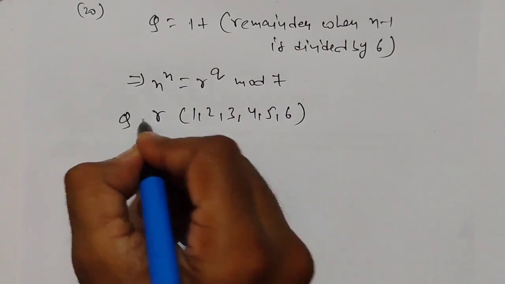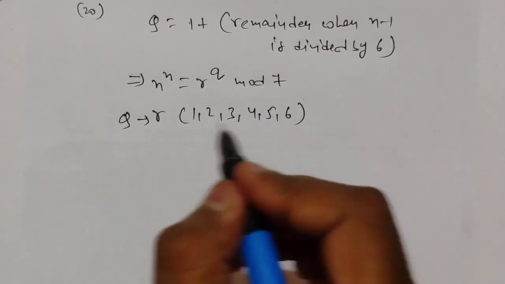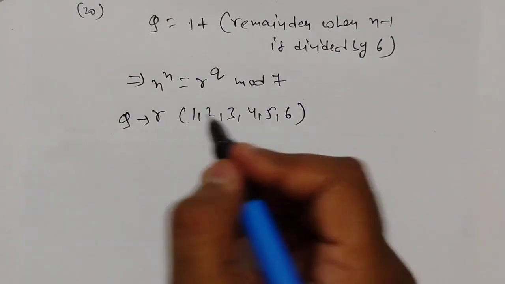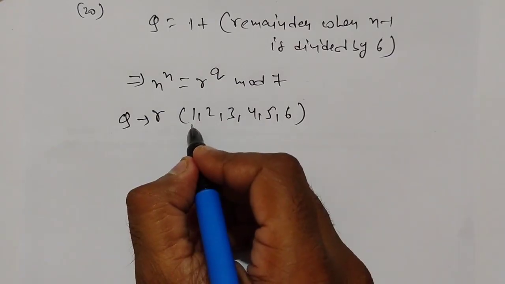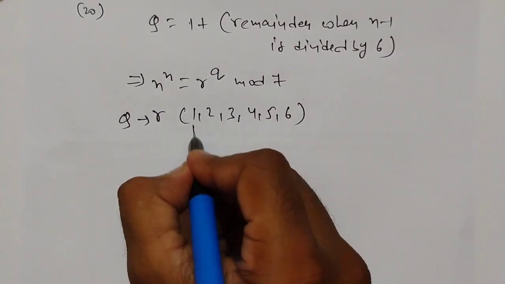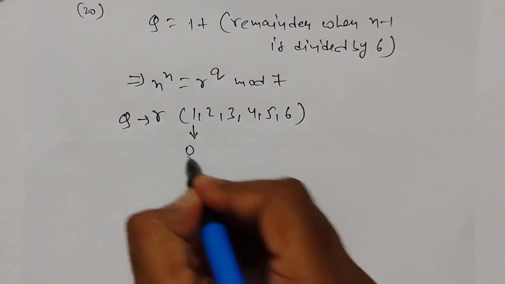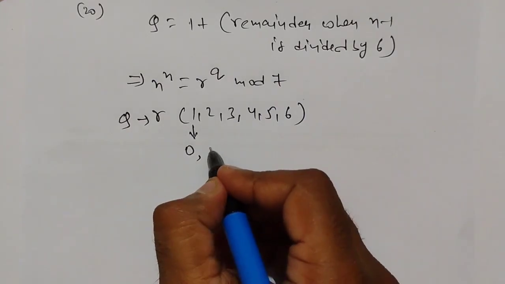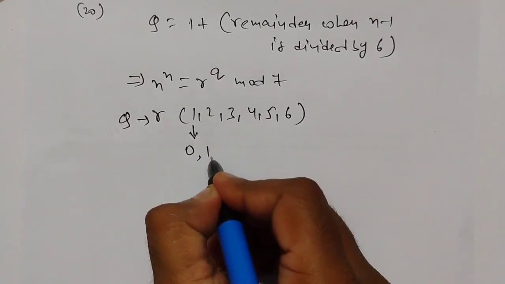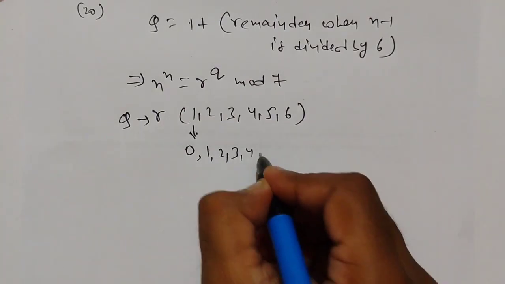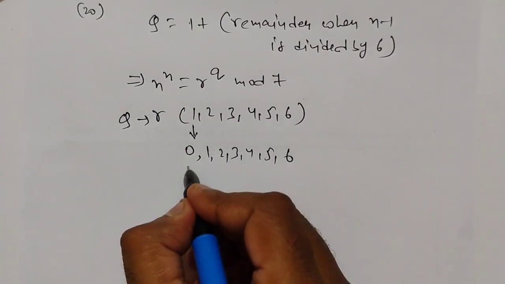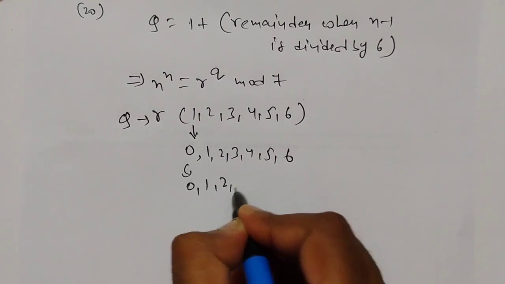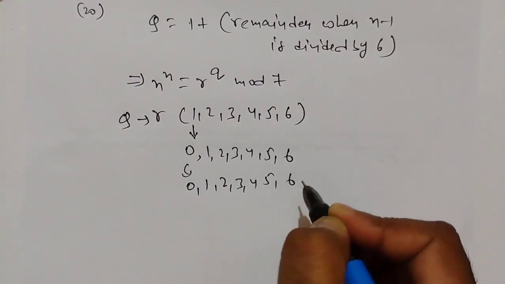So in this case we have the following results, for 0, 1, 2, 3, 4, 5 and 6, and the corresponding values are 0, 1, 2, 3, 4, 5 and 6.